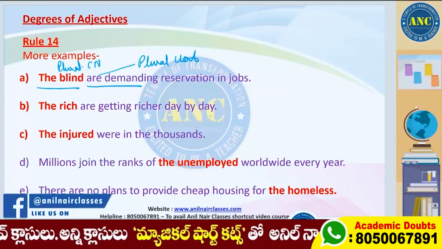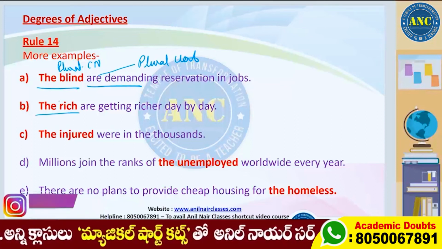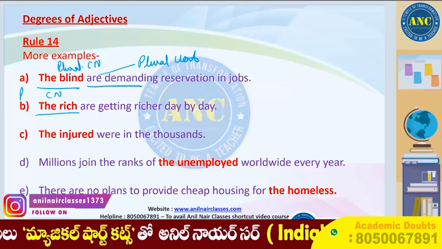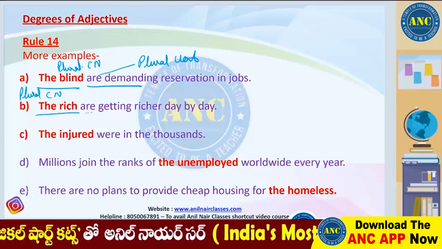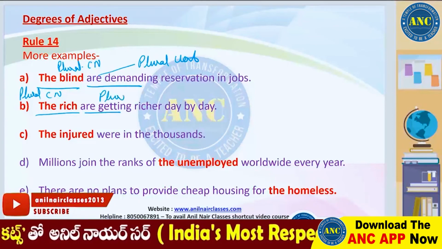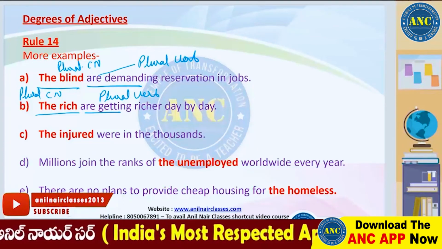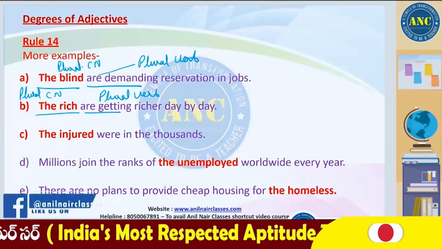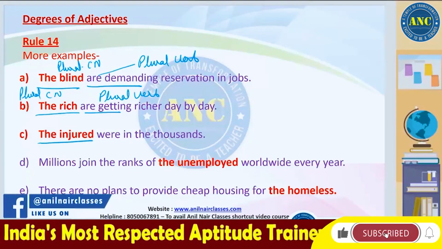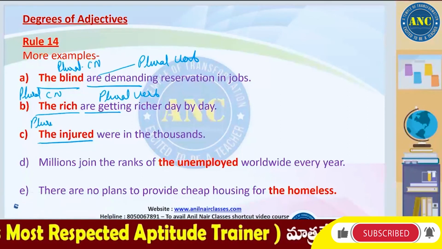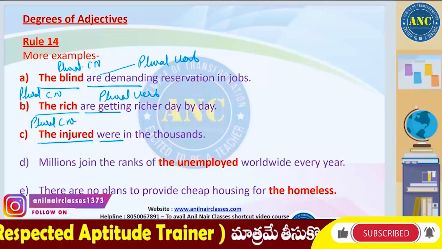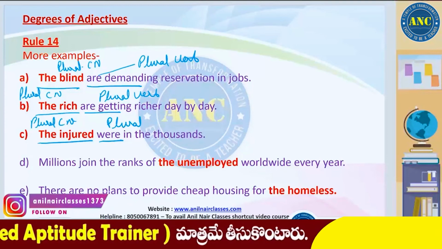The rich are getting richer day by day. So the rich is again the plural common noun, and are getting is the plural form of the verb. The injured were in the thousands. So the injured is the subject, it's the plural common noun, and were is the plural form of the helping verb.